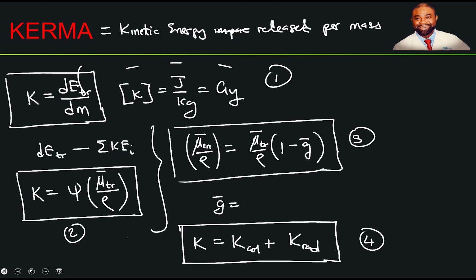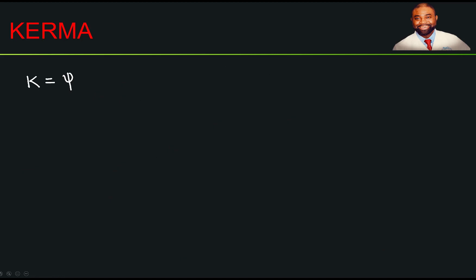So just to recap the main points, we know that KERMA is proportional to the photon energy fluence multiplied by the average mass energy transfer coefficient, and this is equal to the collision KERMA plus the radiative KERMA.